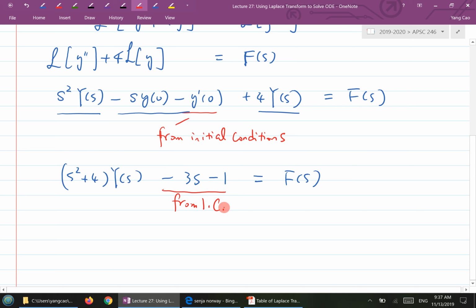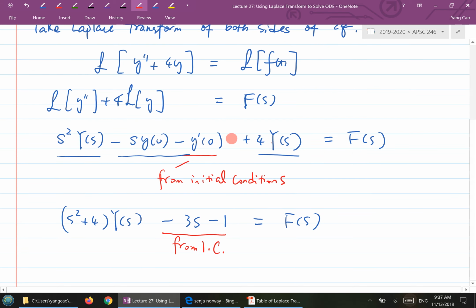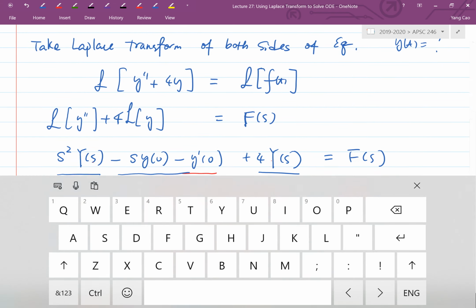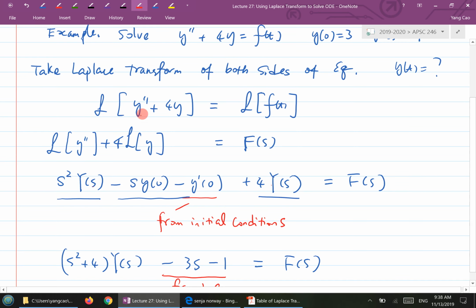The rest of the terms, like s squared plus 4, come from your original ODE. You see the coefficients, here's 4, and this is y double prime. And if you recall at the end of the lecture when you learned Laplace, the s in the s domain basically represents a derivative action. So s squared represents what?